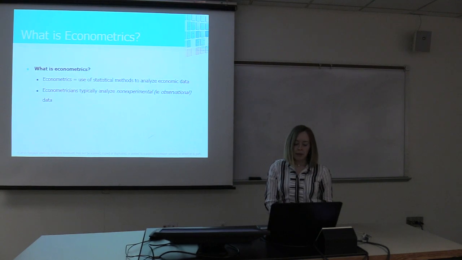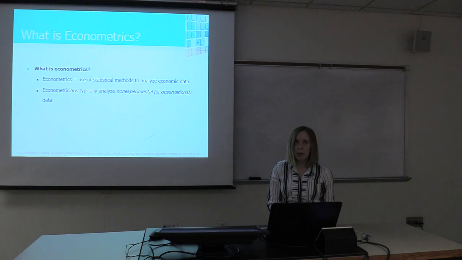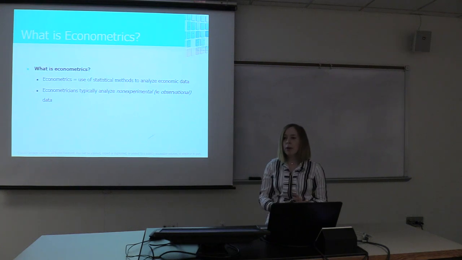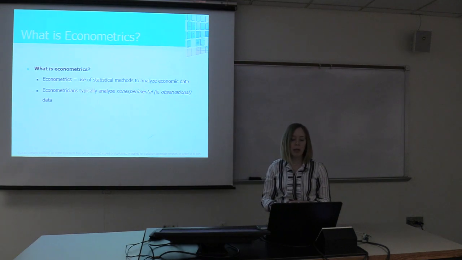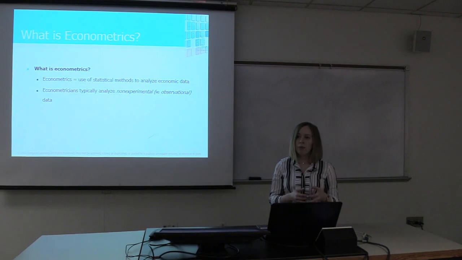Econometricians usually analyze what we call non-experimental or observational data. The idea here is that usually with economic situations, you don't have the ability to set up an experiment. So this is much more challenging because if you were able to, for example, with medical type data, sometimes they can actually have clinical trials and then randomly assign people to which group they're in.